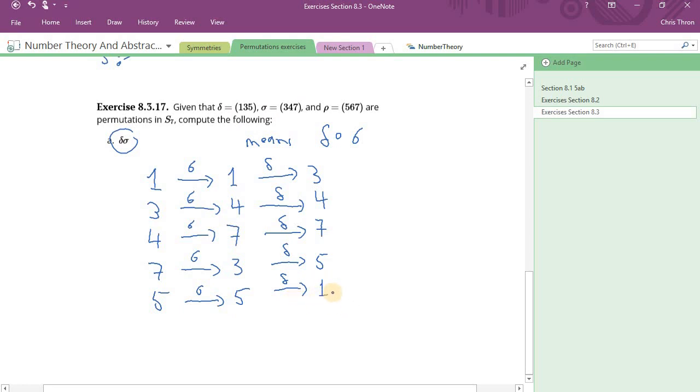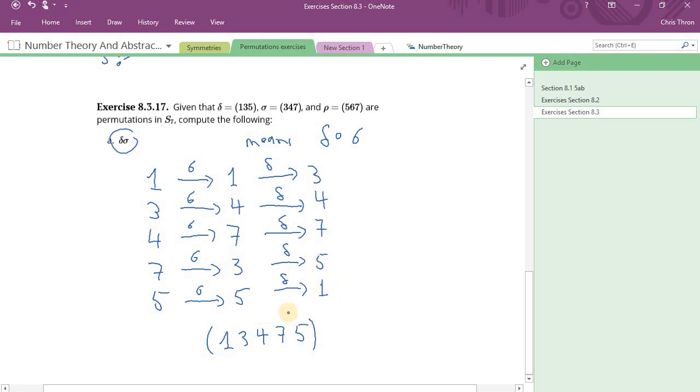Okay. Now if I try to do 1 again, I just go back here and I get 3, 4, 5, 7, 1. All right. So here we have a cycle. 1 goes to 3, goes to 4, goes to 7, goes to 5. I don't need to write the 1 again because if I close it off like this, that indicates that this is a cycle.